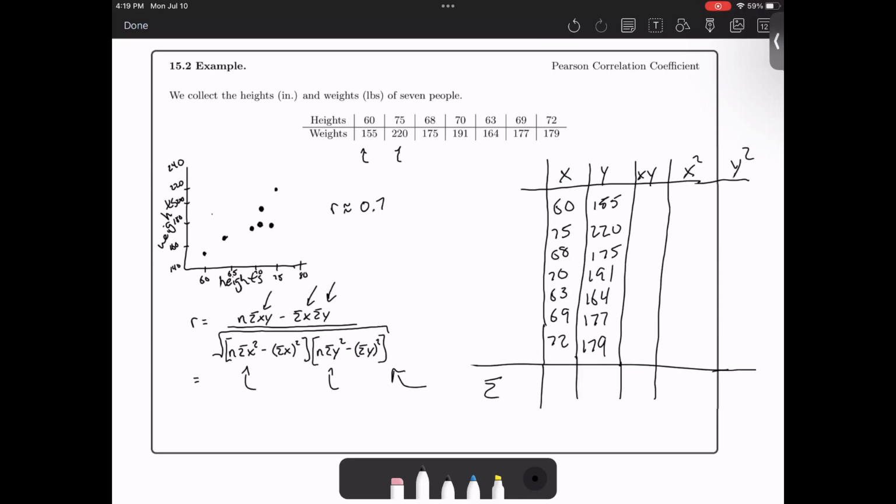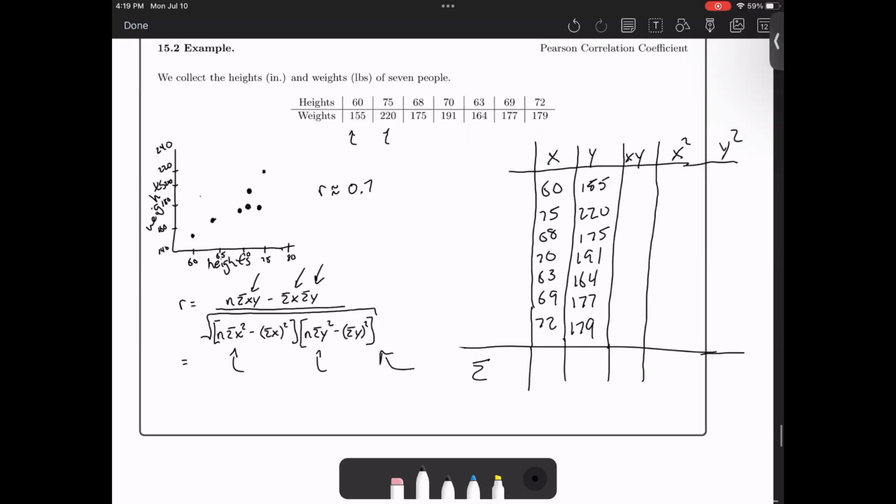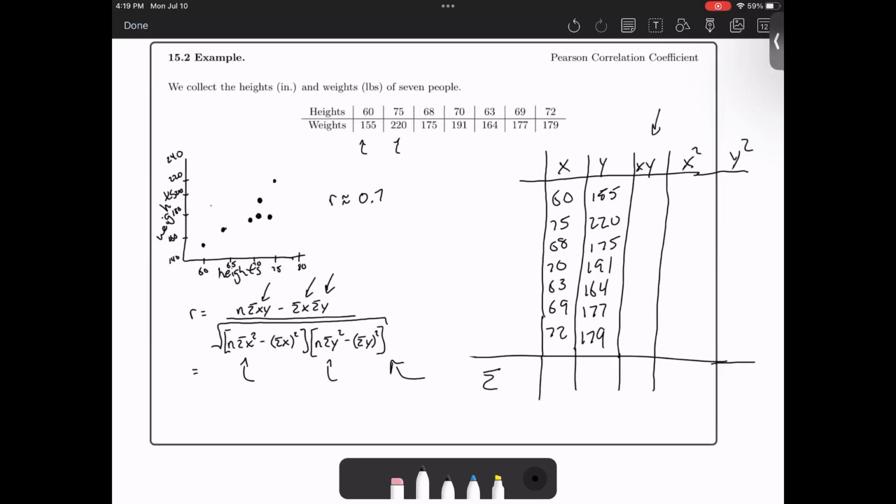All right, so we just need to add up all of these values. In fact, let's go ahead and fill out the table. The x times the y column. 60 times 155 gives us 9,300. 75 times 220 gives us 16,500. And go ahead and do this for all of the values.